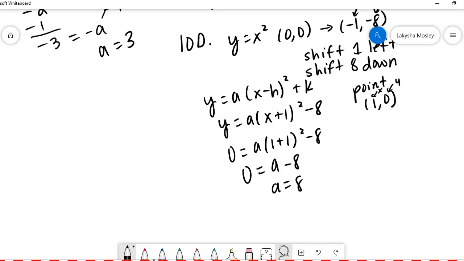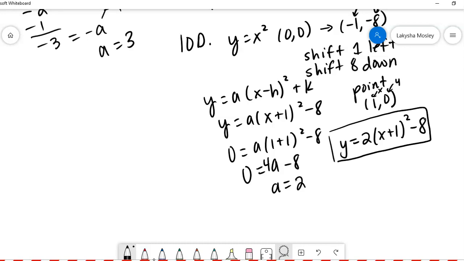There should be a 2 here, sorry. 1 plus 1 is 2, 2 squared. This should be a 4. I gotta lay off. Okay, so I'm going to add the 8 over and then divide. So you should get a is equal to 2. I caught it. So we got y is equal to 2 times x plus 1 squared, and then -8 in the back. So this is the answer for our transformation equation.